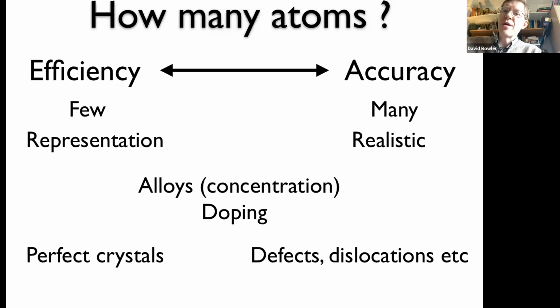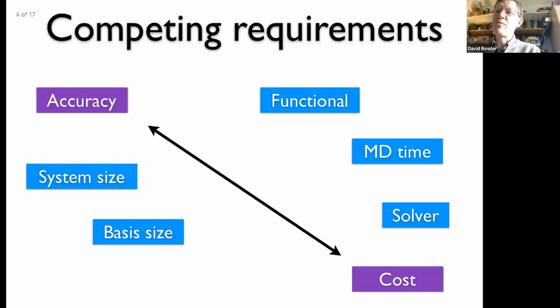You can think about that more graphically like this, where you can think about the competing requirements of accuracy and computational cost in the bottom right there. And of course, there are other things like the functional that you're going to use, the MD time that you're using, and of course the basis size, the accuracy of the representation that you want to use there.